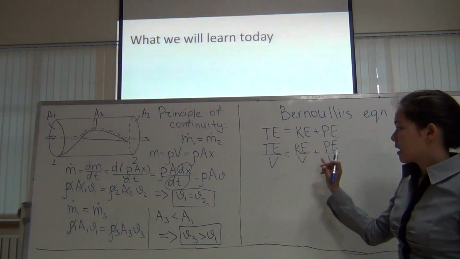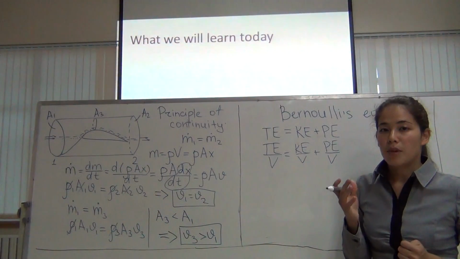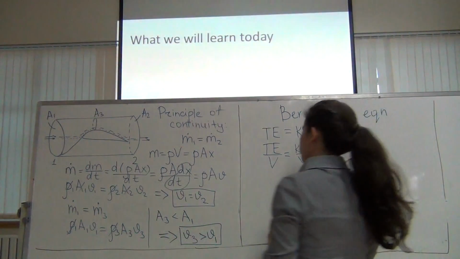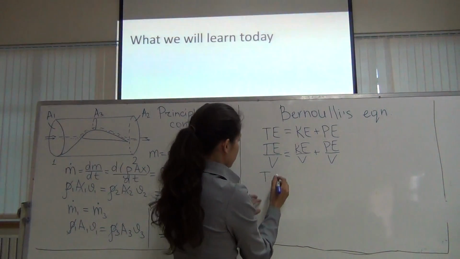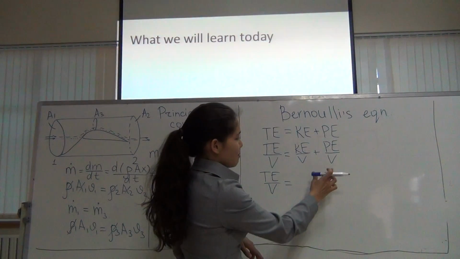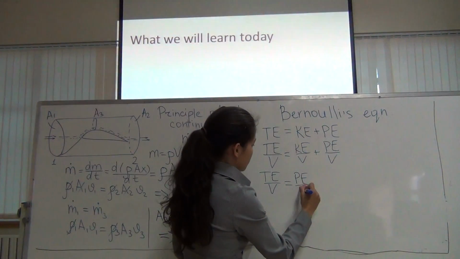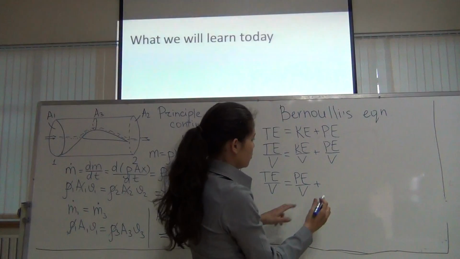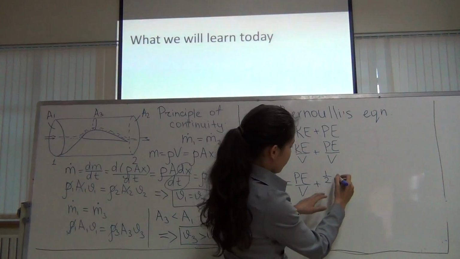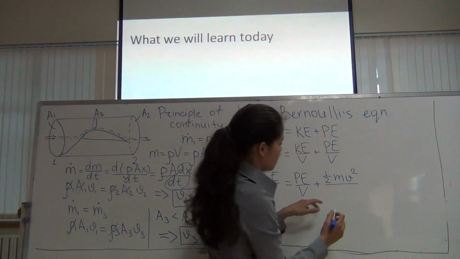Now let's remember what kinetic energy is. Kinetic energy is 1/2 mass multiplied by velocity squared. Let's substitute this expression into this equation. So total energy per volume is equal to, let me put potential energy first here, and is equal to, we substitute the expression for kinetic energy, which is 1/2 mass multiplied by velocity squared divided by volume.